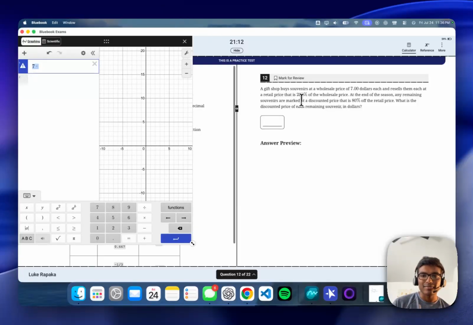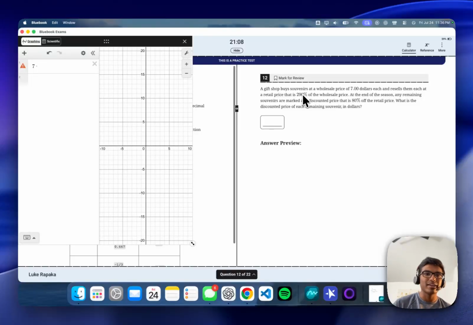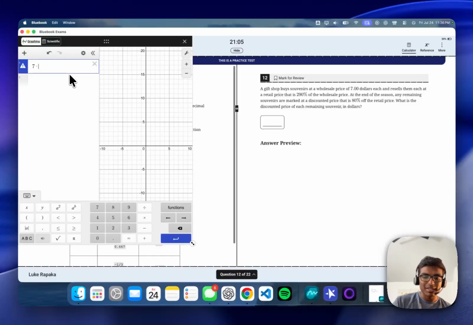And then if I'm paying 290%, that's even more, right? So I would just multiply this by 2.9, because if I multiply it by 100%, that's the same thing as 1. If I multiplied it by 2, that's 200%, double the price, and then I'm just multiplying by 2.9. Therefore, that's the price after they mark it up, right?